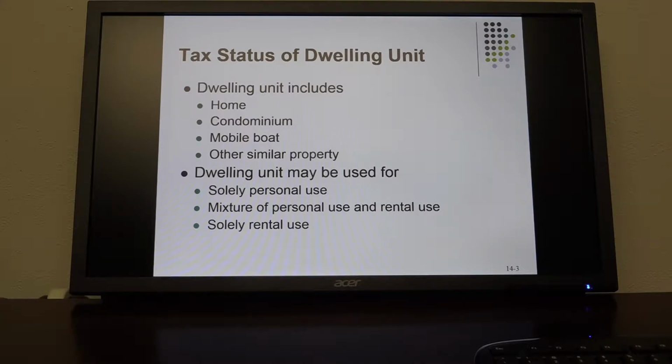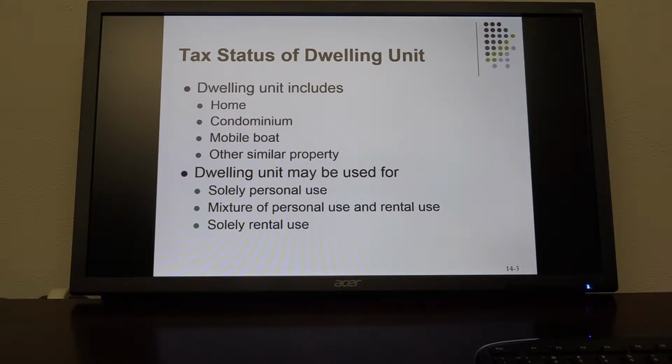All right, so the first thing we have to do in determining how we treat certain expenses, and this is true for all that stuff we've already talked about, home interest deduction, property taxes and stuff like that.